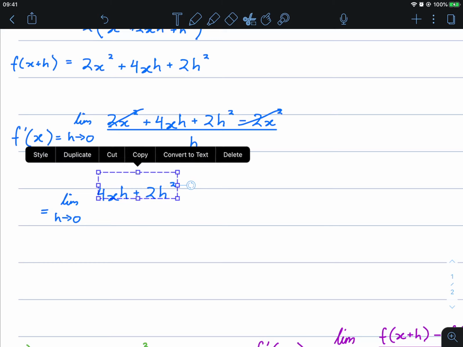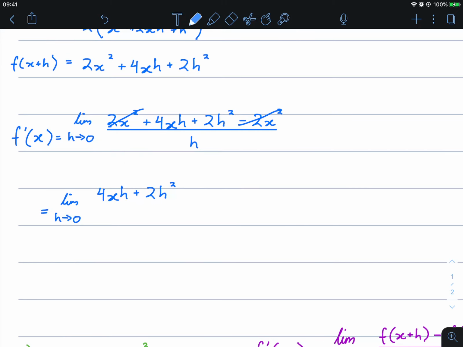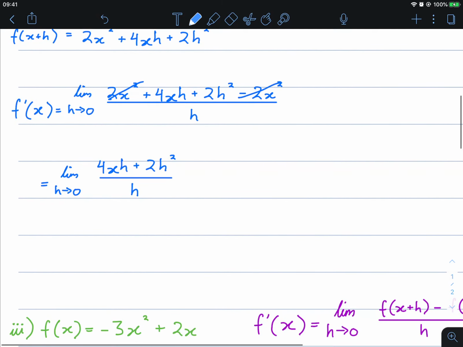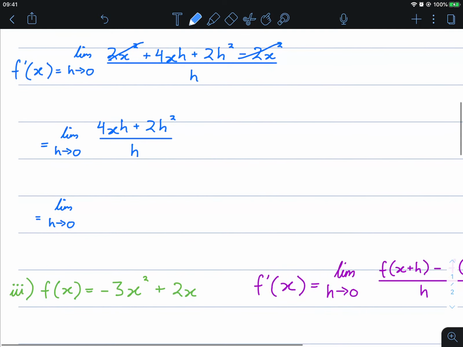So we have limit of 4xh plus 2h squared all over h. Once again, we need to keep factoring this. Normally again, I would write this out again, but for the sake of time, I'm just copying it.